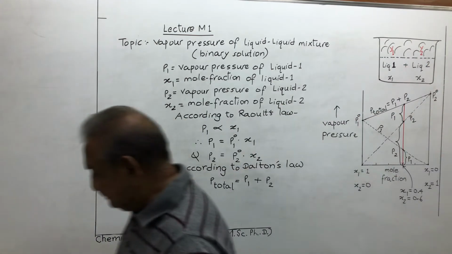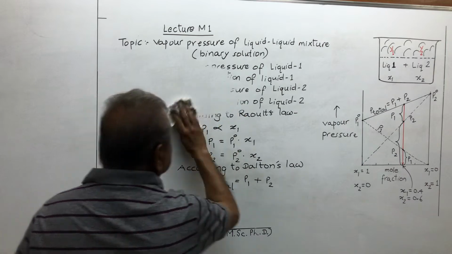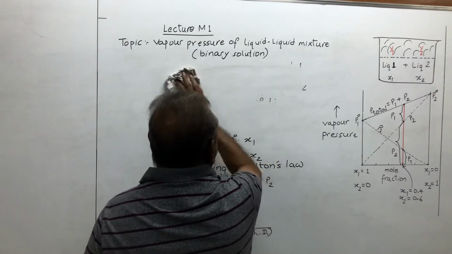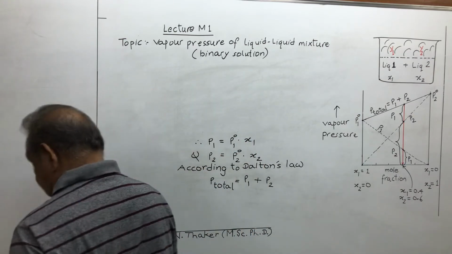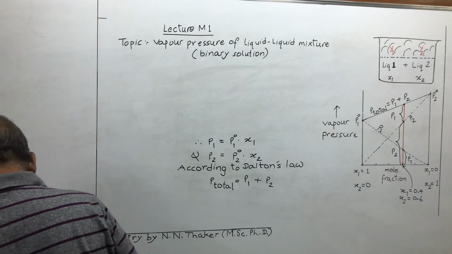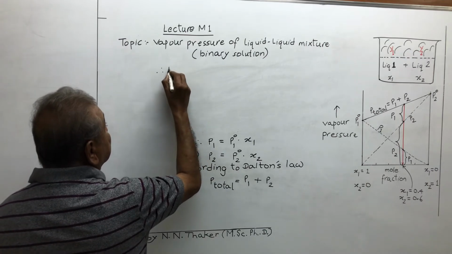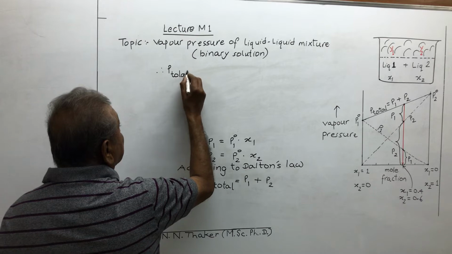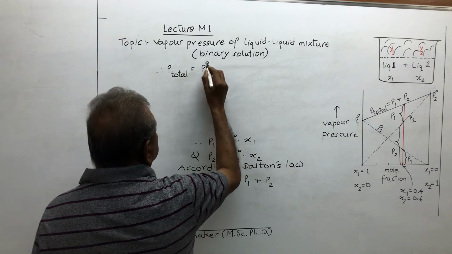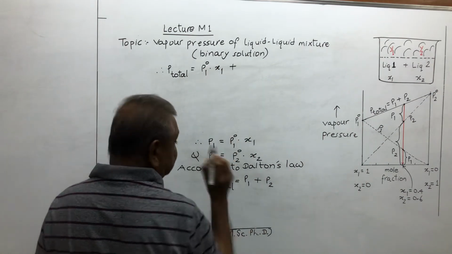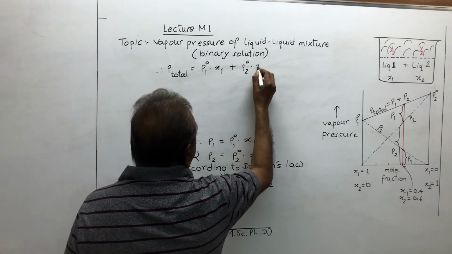Now further, therefore, P total equal to P1, that is P10 into x1, plus P2, that is P20 into x2.